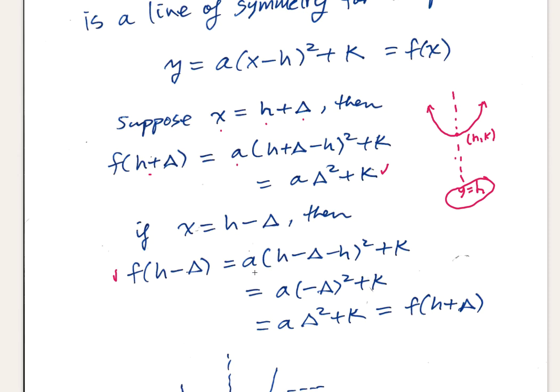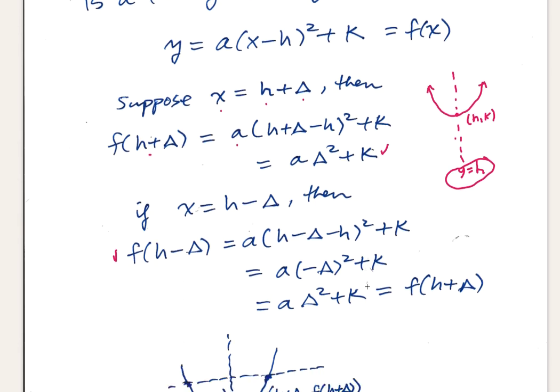It would be a times h minus delta minus h squared plus k, and that would be a times the quantity negative delta squared plus k. But negative delta squared is the same as delta squared, so I've got a delta squared plus k. That's exactly what I've got up here for that result.